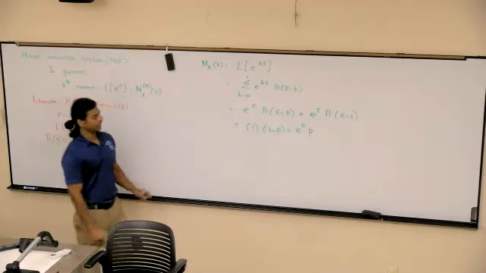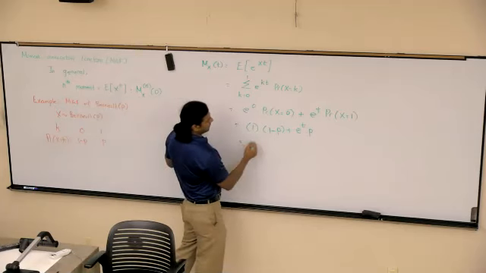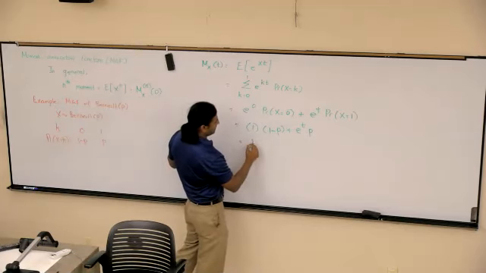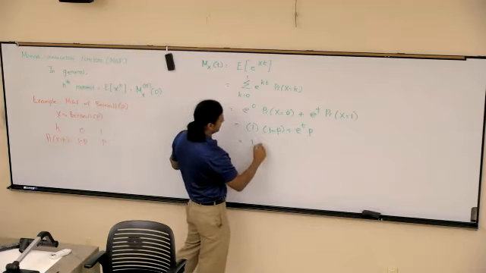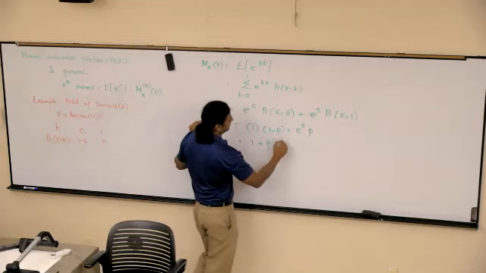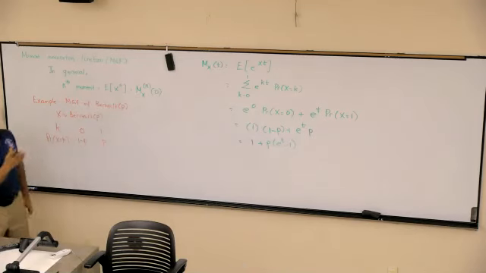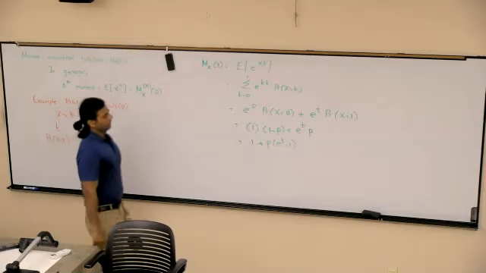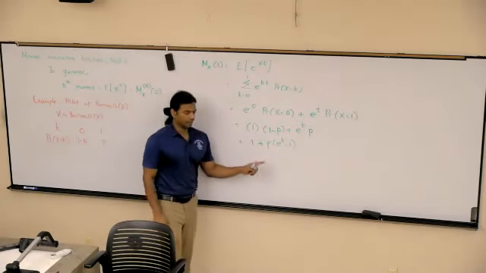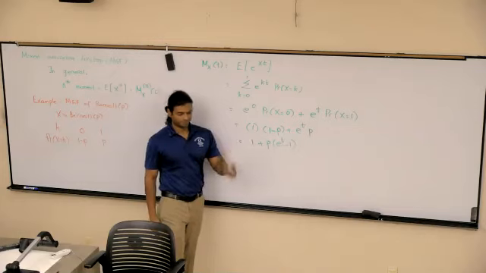Good. So I've got a p in common, so it simply becomes 1 minus p plus p e raised to t. So that is the moment generating function of a Bernoulli.